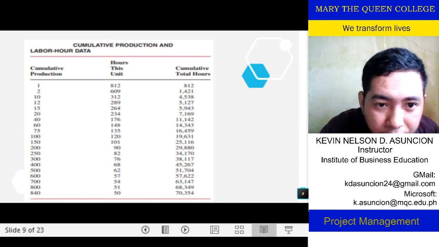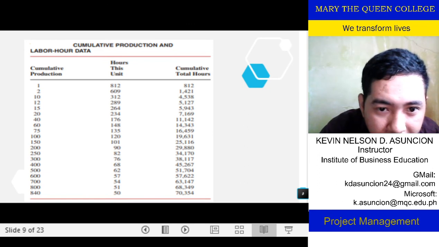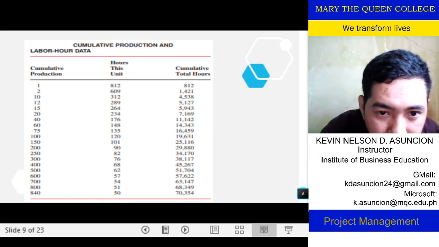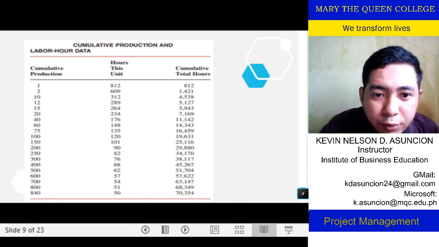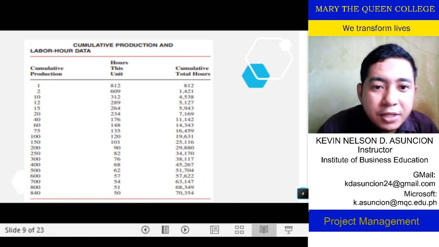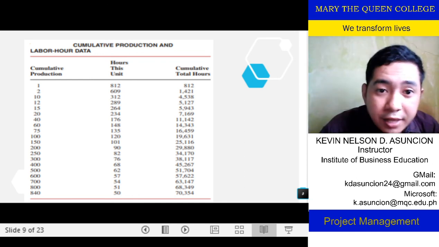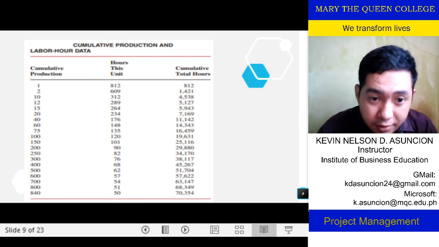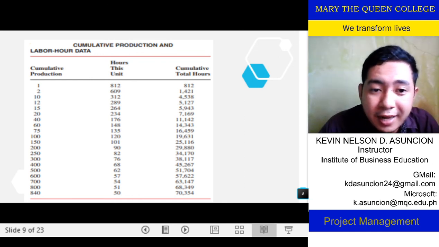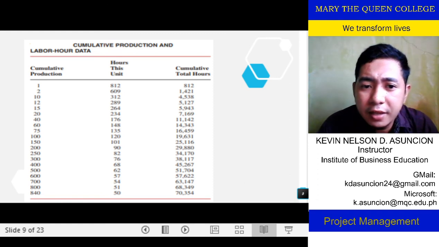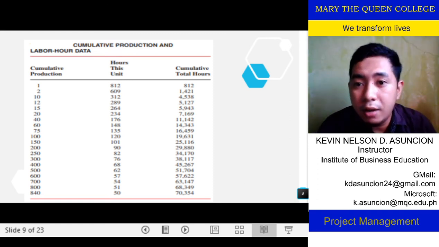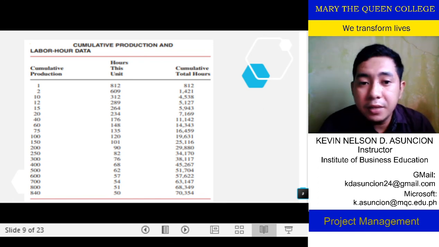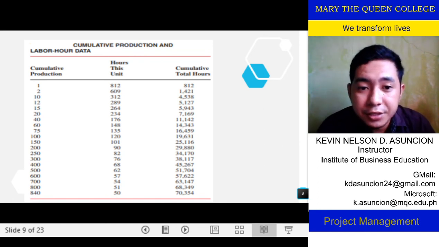From 60 units at saka 100 units, it has about 12, I think, no? 100 units takes 120 hours. 60 units takes 148 hours. Now, compare mo sa 800 sa 840. Ang difference lang is 1 hour, no? So ibig sabihin, nagdi-diminish, no?